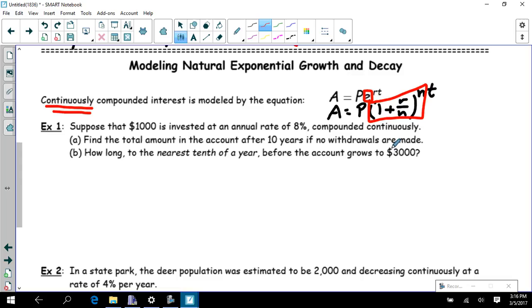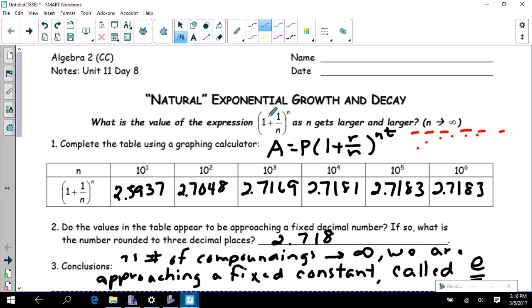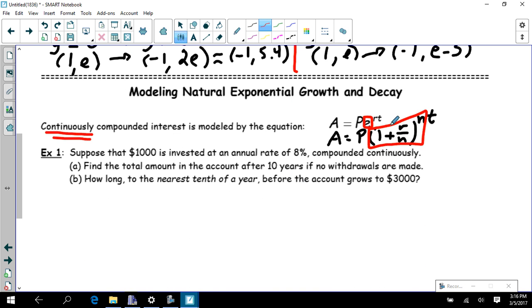I hold everything else constant and just make those compoundings go to infinity. I'm approaching e. So that's why the formula has e in it. The rate's still there, the initial's still there, the time's still there, but n has been taken out for that e value.